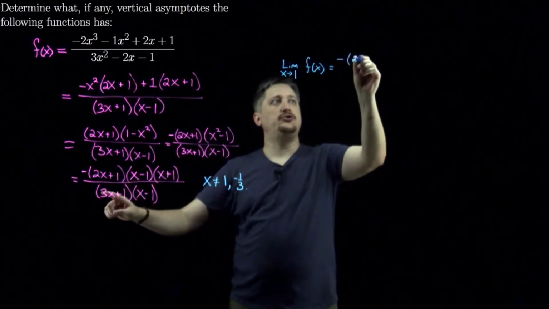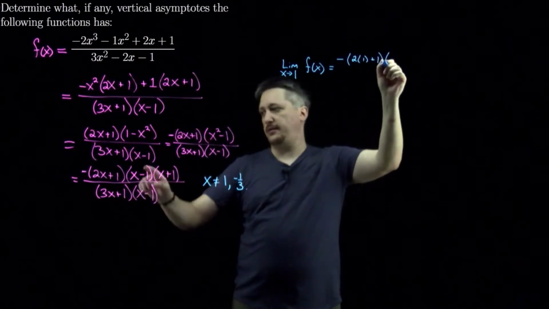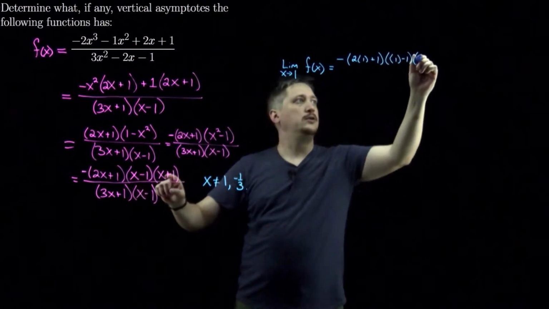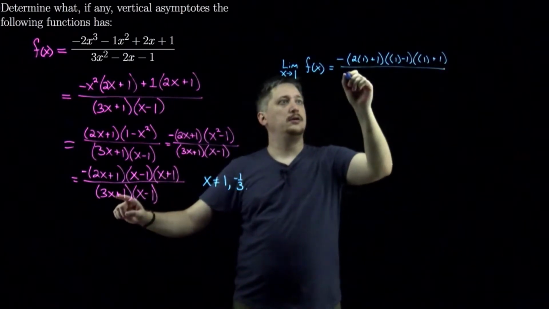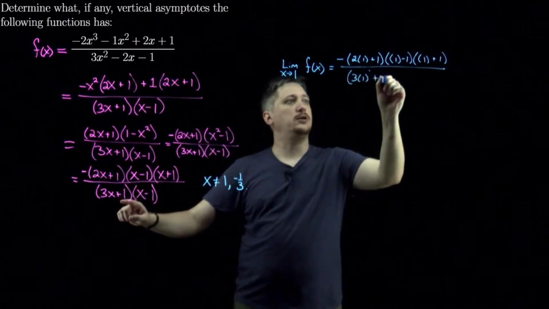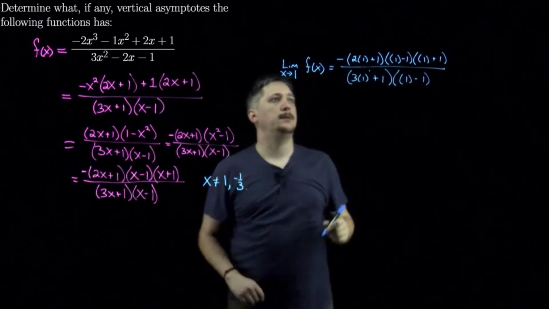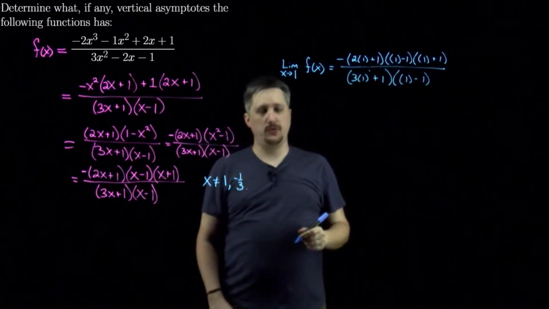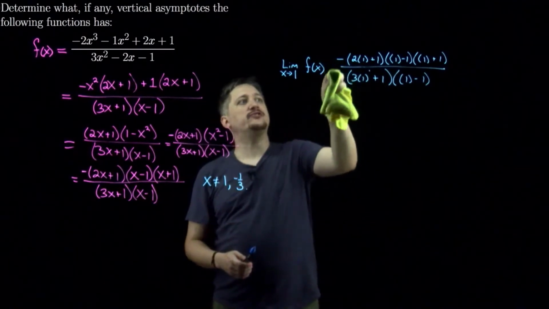I'm going to get negative 2 times 1 plus 1, times 1 minus 1 times 1 plus 1, all over 3 times 1 plus 1 and 1 minus 1. Okay. So I did something bad here. I shouldn't have an equal sign there.